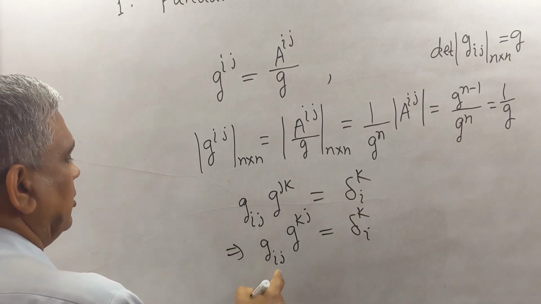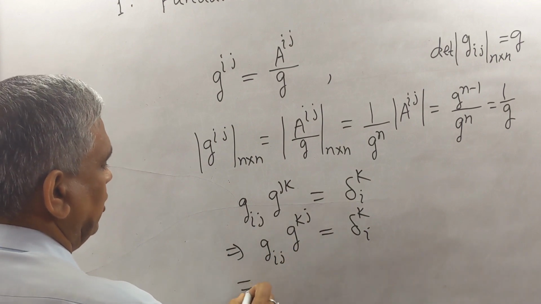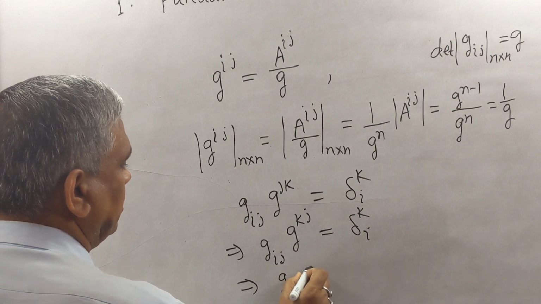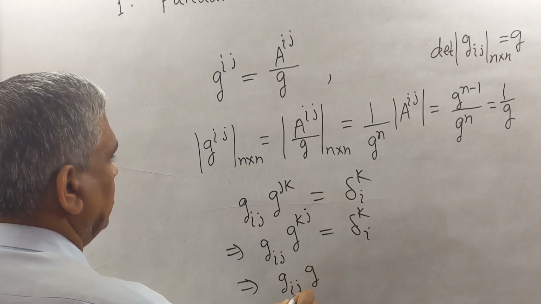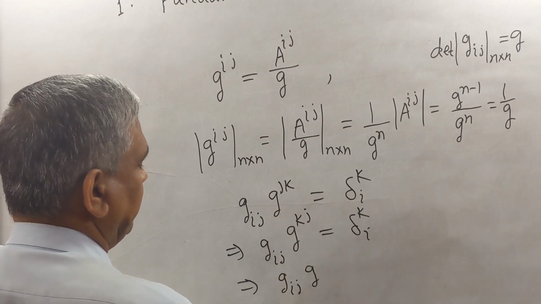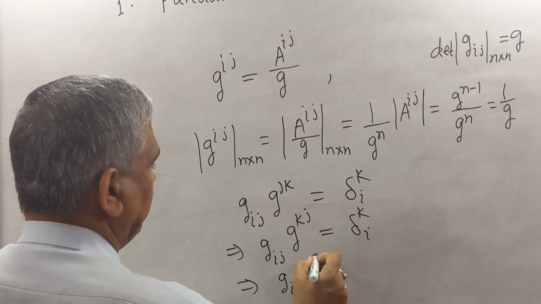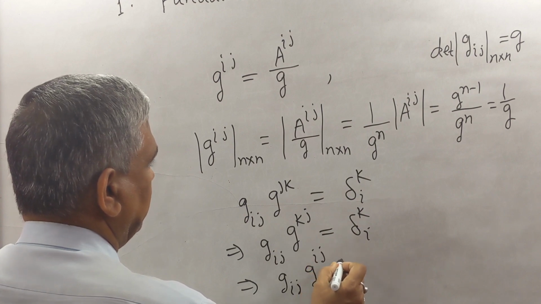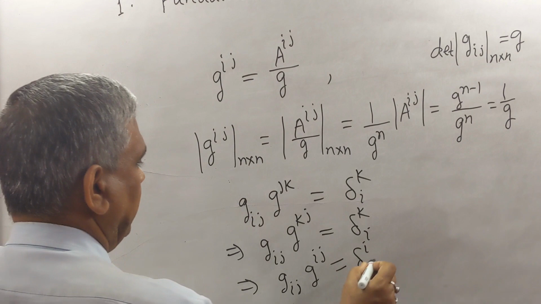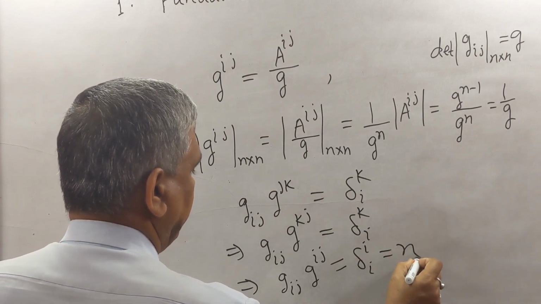If we take k equal to i, then this will be delta i i, and this is equal to n.